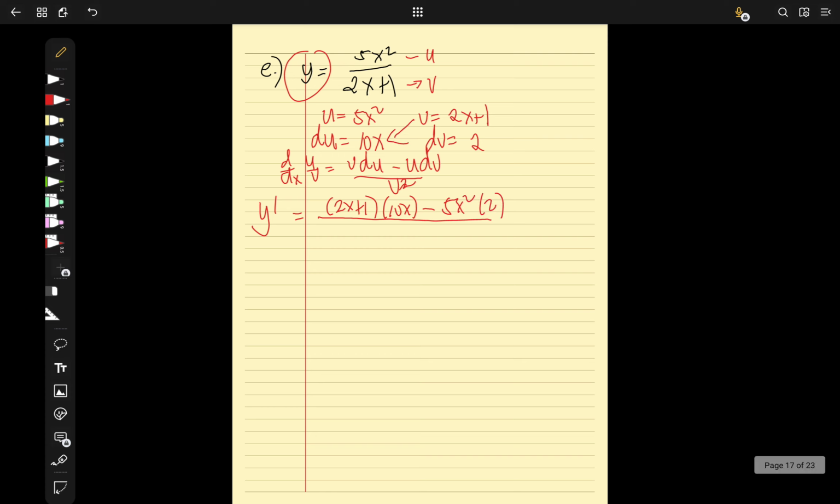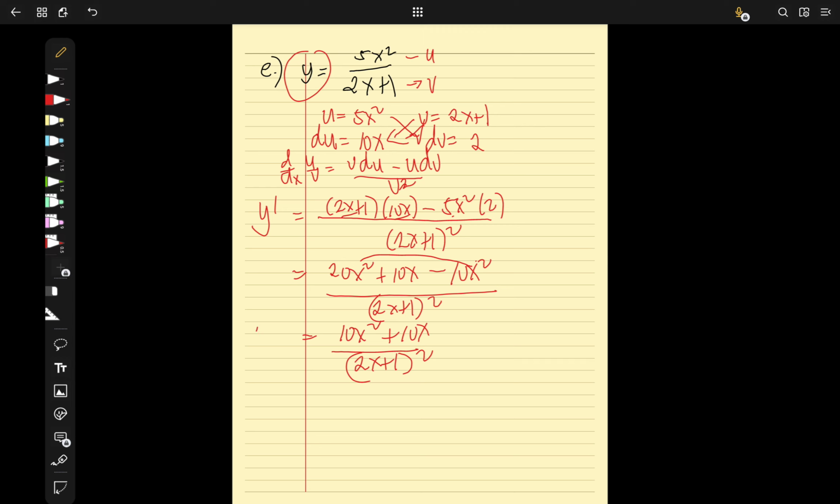So, distribute. 2x times 10x, you will have 20x squared. 1 times 10x is plus 10x. Minus 5x squared times 2 is negative 10x squared, all over 2x plus 1 squared. So we'll have 20x squared plus 10x minus 10x squared. So 10x squared, we can combine them, plus 10x all over 2x plus 1 squared.